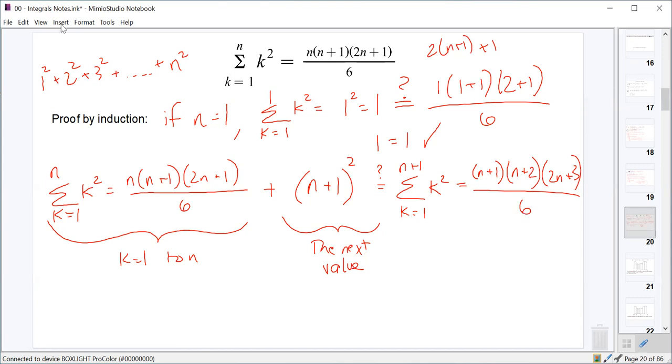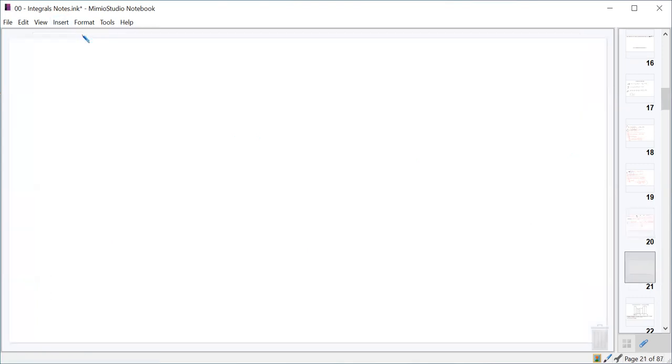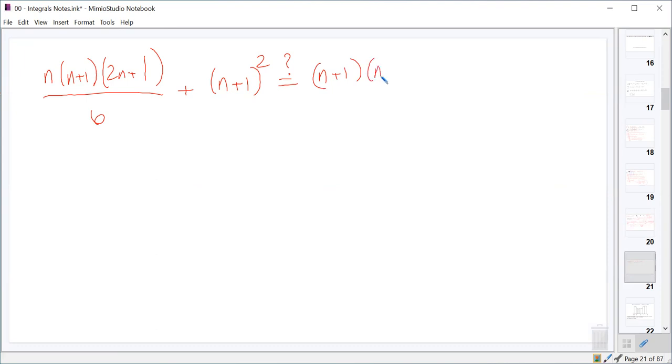So let's throw up another page here so we have a little more room. The question is: n times n plus 1 times 2n plus 1 all over 6, plus that n plus 1 squared, equal to what we had on the previous page, which was n plus 1 times n plus 2 times 2n plus 3 all over 6?